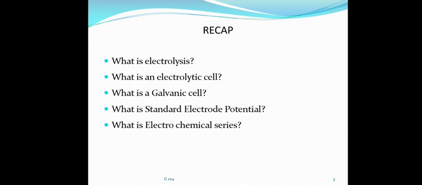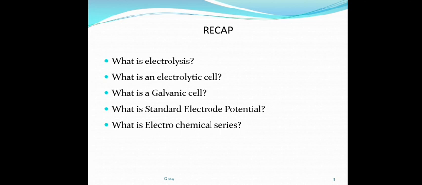And what is the electrochemical series? It is a series, or a table, or a list of electrodes where the electrodes are arranged in the increasing order of their electrode potential. That is, the least electrode potentials are at the top and the higher electrode potentials are at the bottom. That is called the electrochemical series.